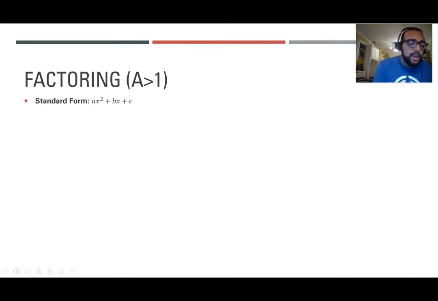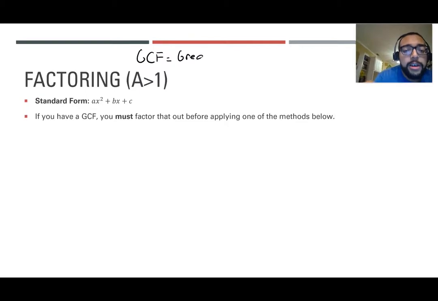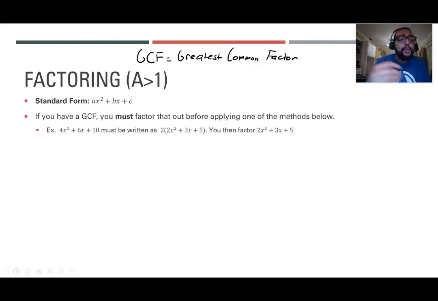What happens? Well, if you have a GCF, which just means greatest common factor, you must factor that out before applying one of the methods I will show you. What does that look like? If I give you the expression 4x squared plus 6x plus 10, you'll notice they all have a number in common.